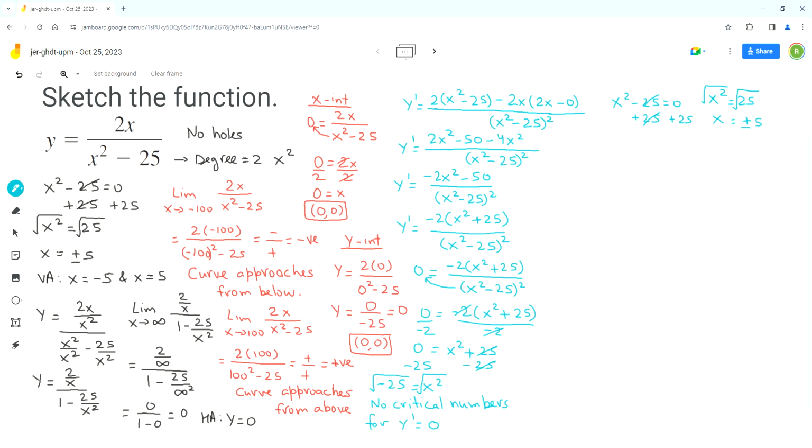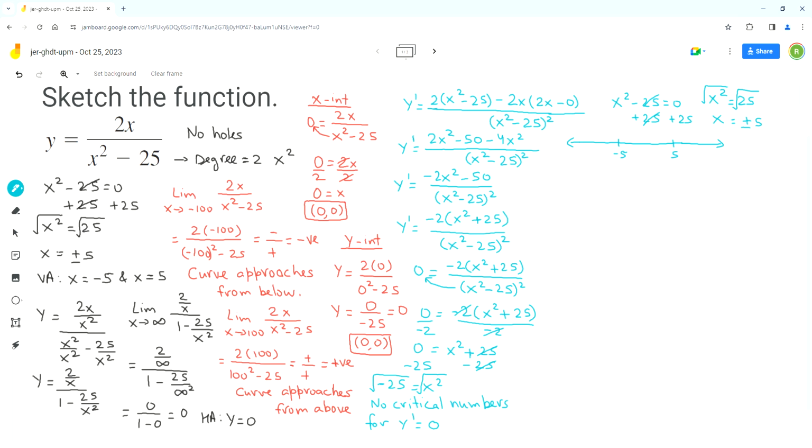Now we can find whether the function is increasing or decreasing on both sides of these critical numbers. So we can use the number line method. So we can show these critical numbers negative 5 and 5. So we can use a test value on both sides of these critical numbers.